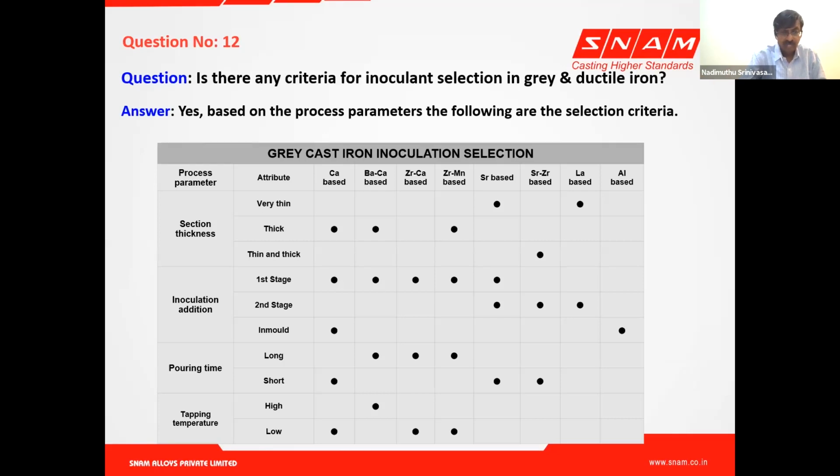So section thickness, inoculation addition stage, pouring time, and tapping temperature. Based on this, what are the types of inoculant that you can add? Can you add a calcium based, a barium calcium based, a zirconium manganese, strontium based, strontium zirconium, lanthanum based, or aluminum based? So this is the chart that gives you which you can select.